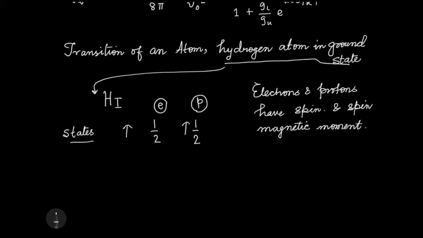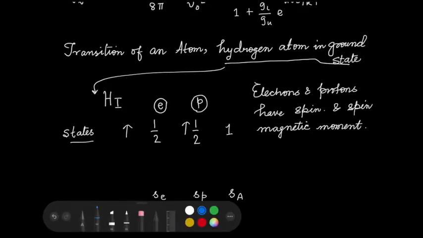So this has half spin, this will also have half spin. And you know that the total spin of the system will be, so here I am writing the spin of the electron, here I am writing the spin of the proton, here I am writing the spin of the atom, because now I am adding these two up and they are in half projection, so here the spin of the atom becomes 1.